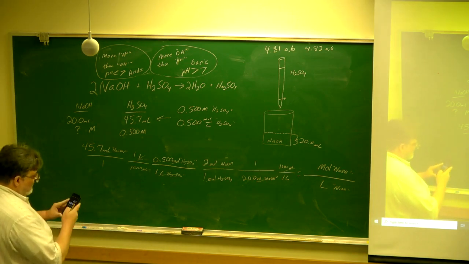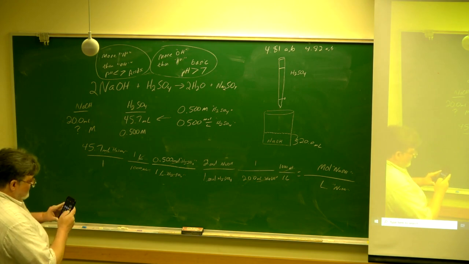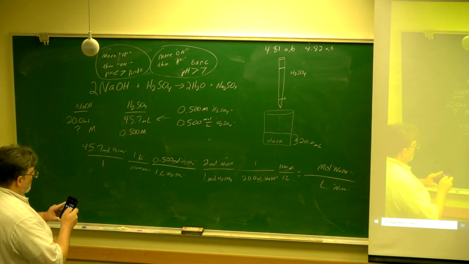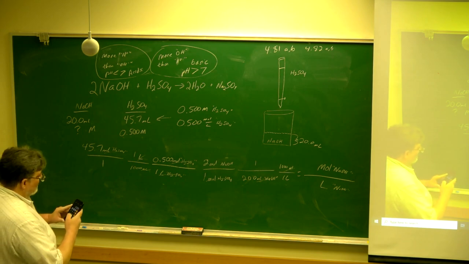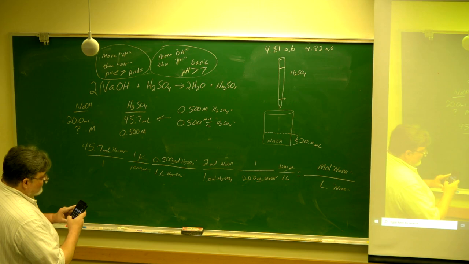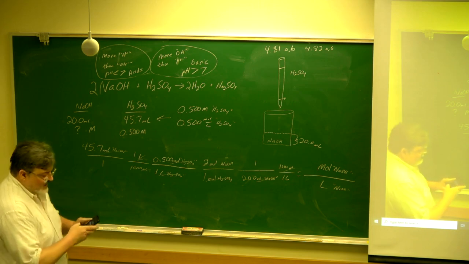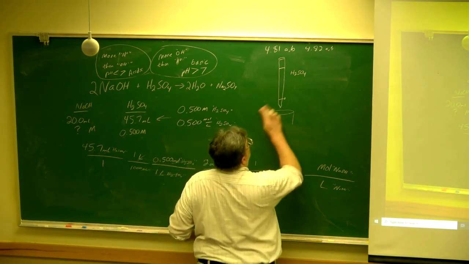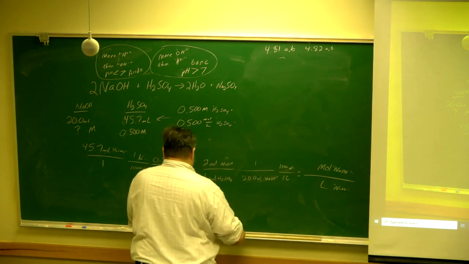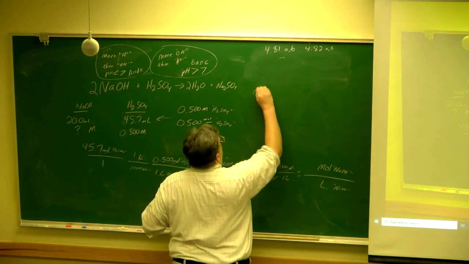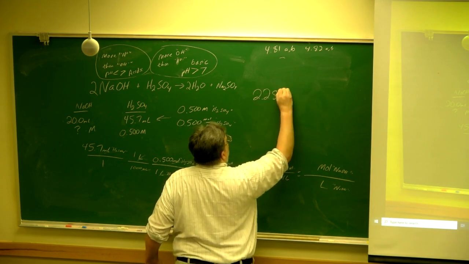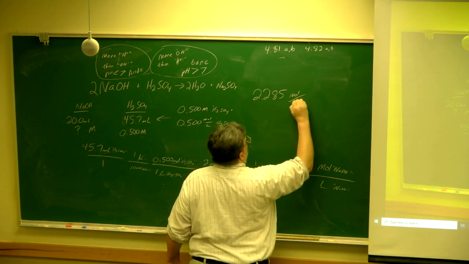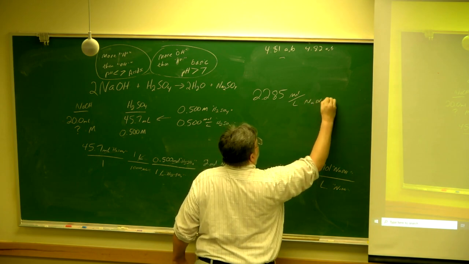45.7 times 0.5 times 2 times 1,000 divided by 1,000 divided by 20. I think that's it. I got 2.285 moles per liter NaOH.